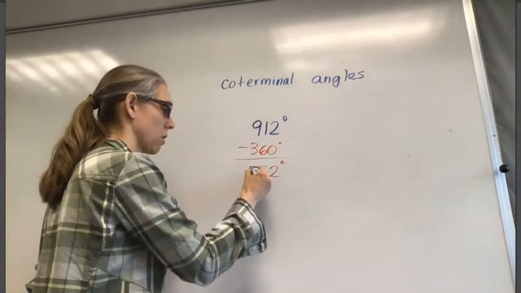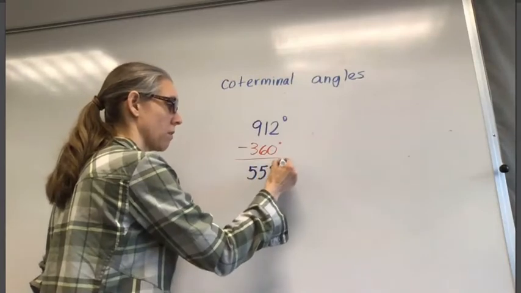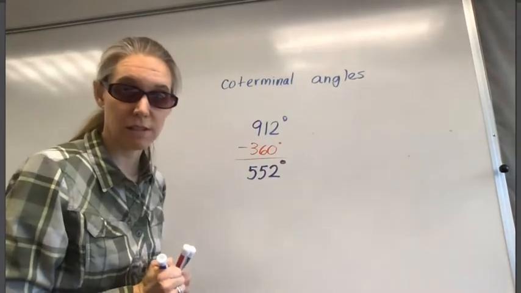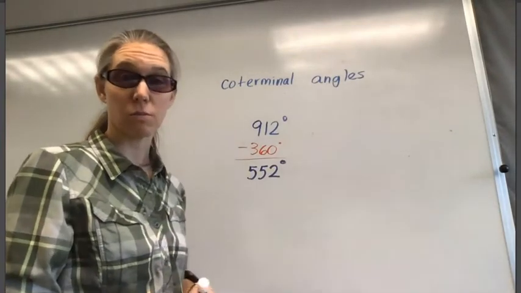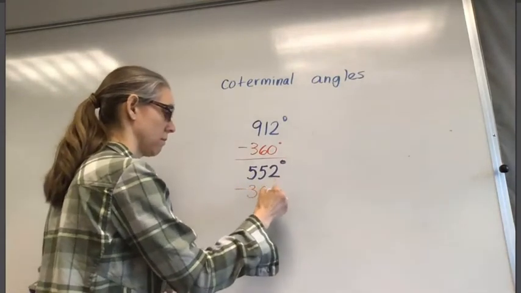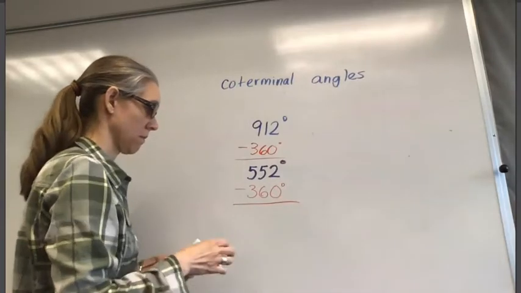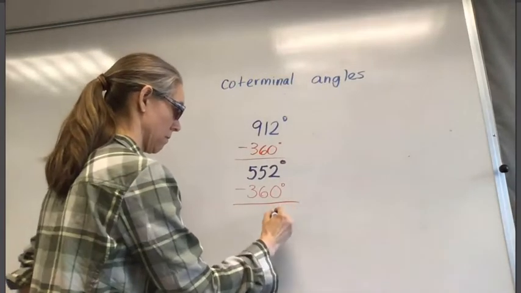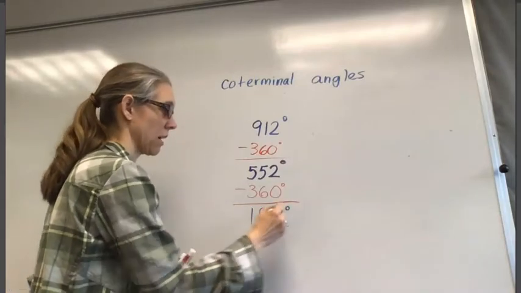These are coterminal angles. However, 552 degrees is not between 0 and 360. So we subtract 360 again. 192 degrees.